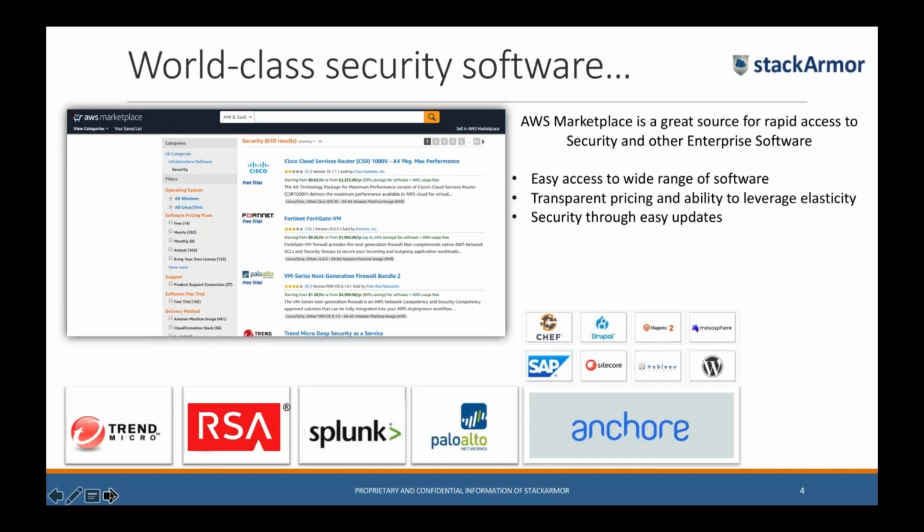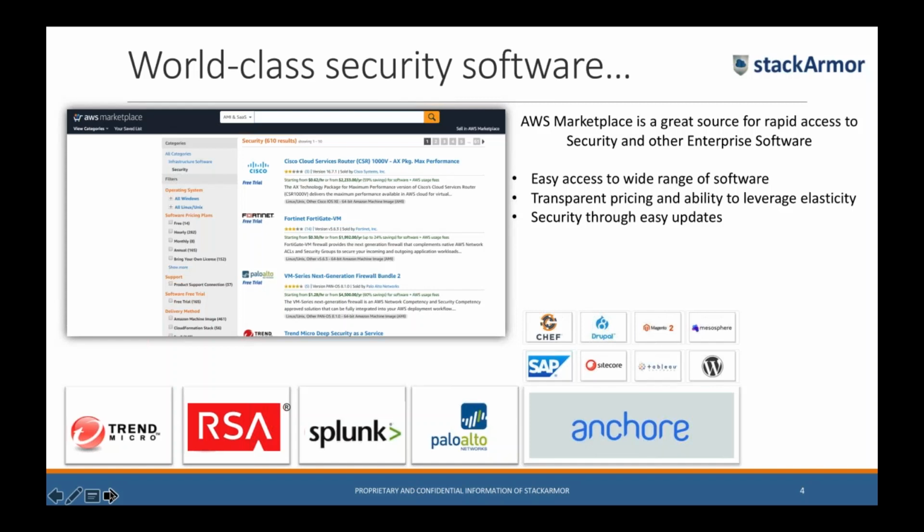One of the strong recommendations that we make to our customers is the use of the Amazon Marketplace, which is a great resource for getting access to high quality security and other software. And not only do you get access to this software, but also you're able to get transparent pricing. Just like you buy a book on Amazon.com or do shopping on Amazon.com, you can shop for enterprise software on this wonderful resource.